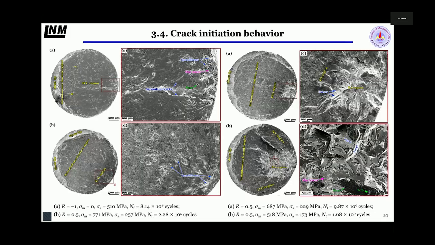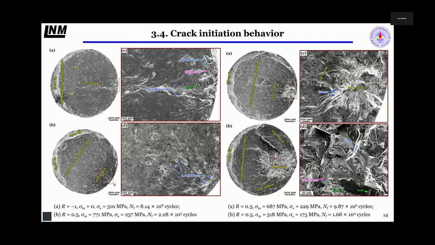Under higher magnification, you can see this one is a surface-induced fatigue failure. You can easily find the quasi-facet and the slip trace in the crack initiation region.